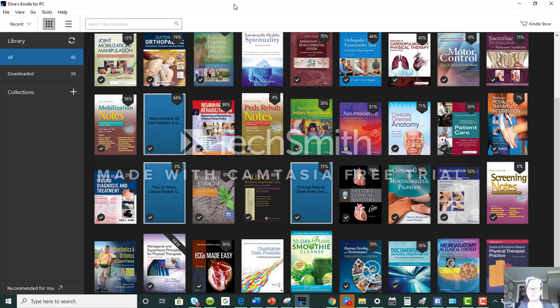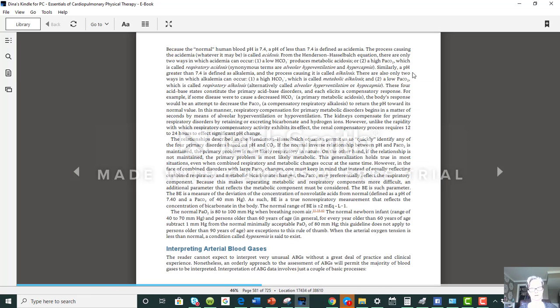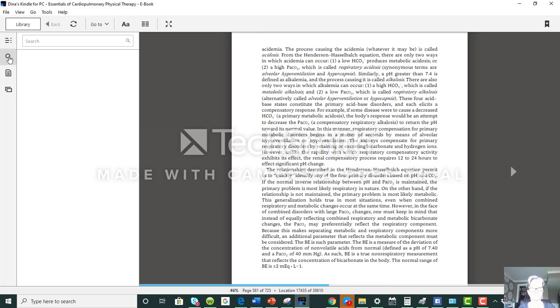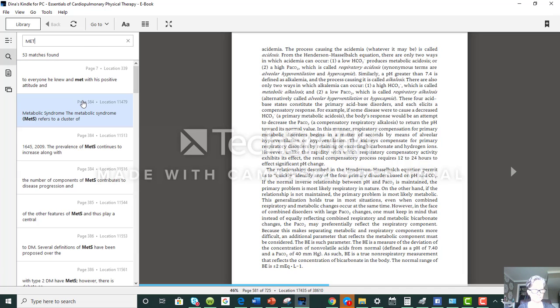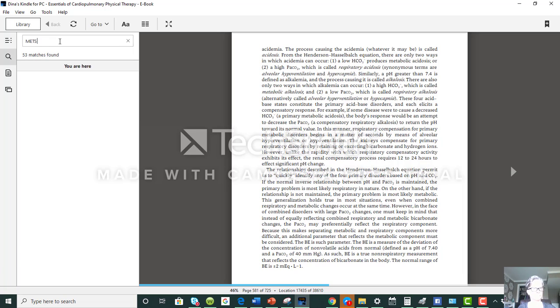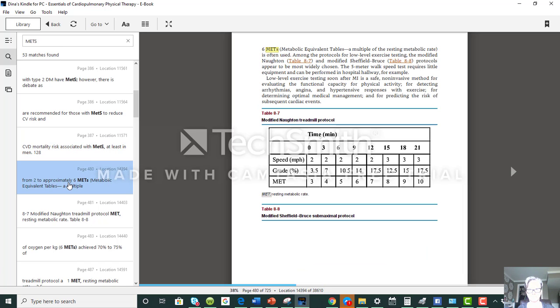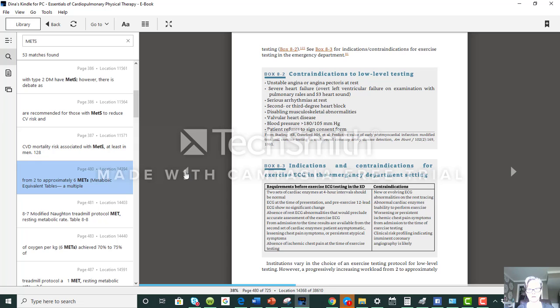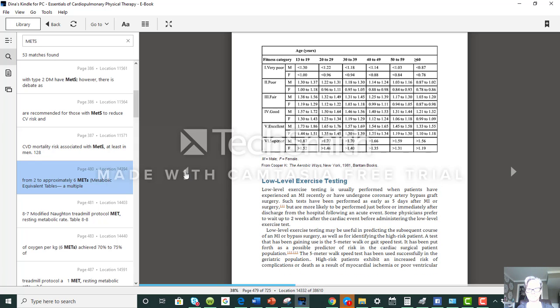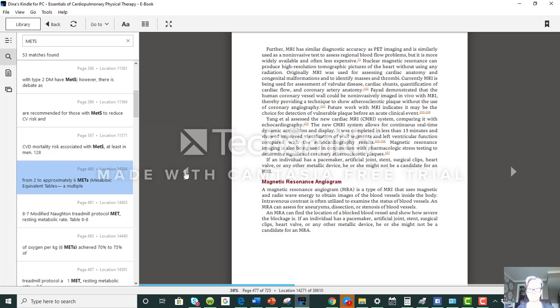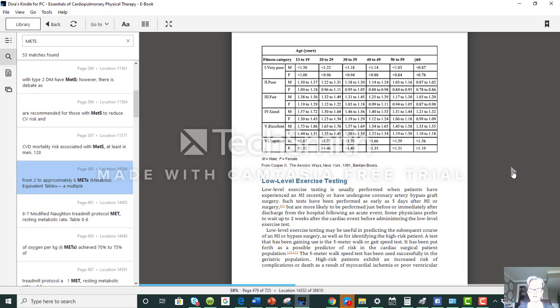Okay, so let's try a different book. Let's try this one. Let's see what happens. Not finding what I want.